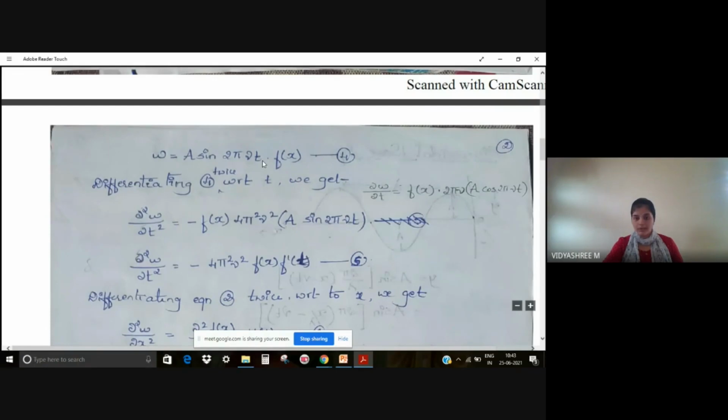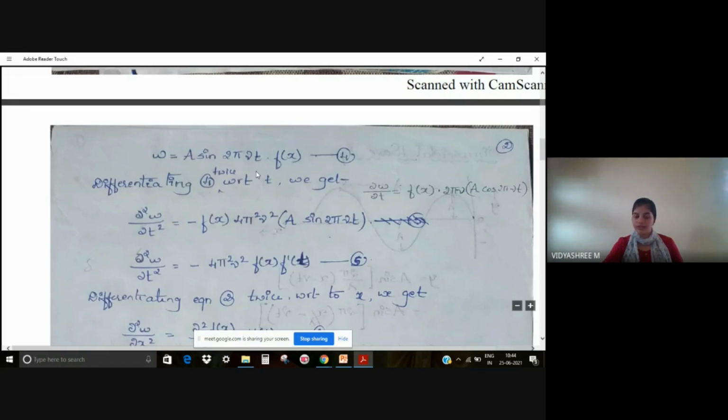Differentiation of sin x is cos x, so this becomes cos 2 pi nu t, along with the constant term 2 pi nu. So we have a constant, then cos 2 pi nu t. This is the single differentiation.